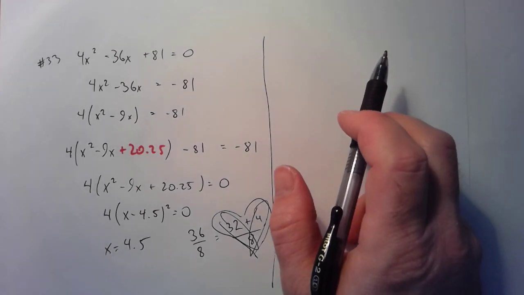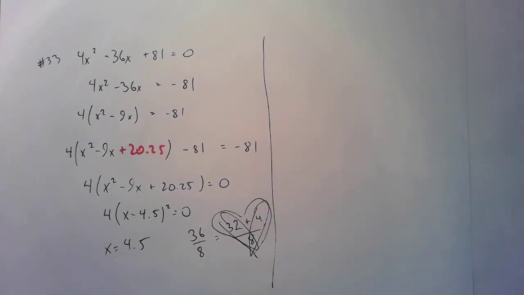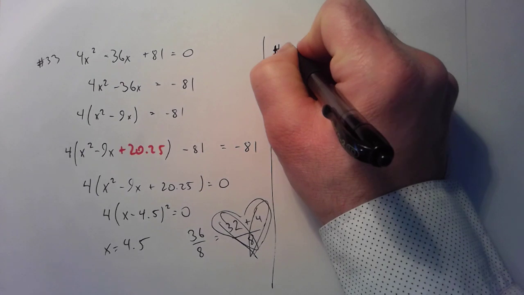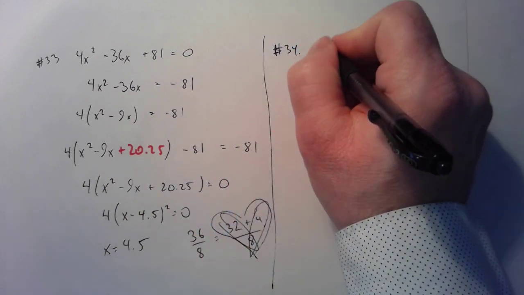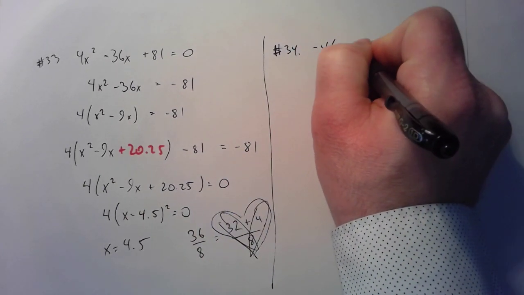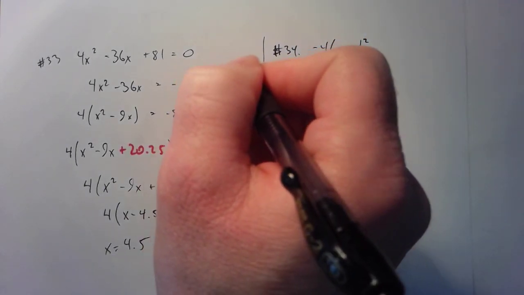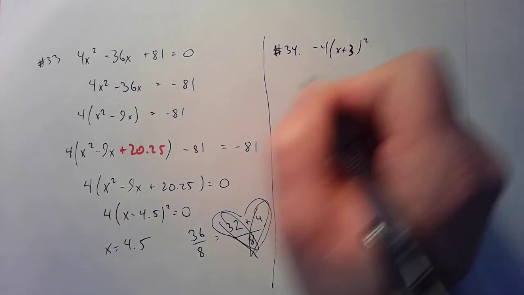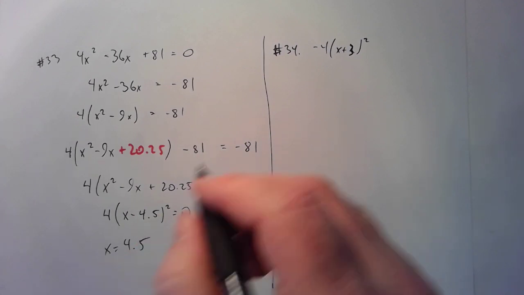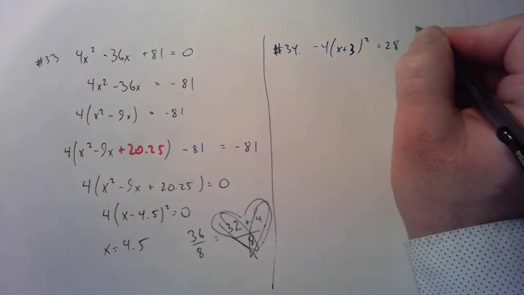All right, so I said that I would do 32, 33, 34, and 35. So I better get going on number 34. Number 34 says negative 4 of x plus 3 squared equals 28.